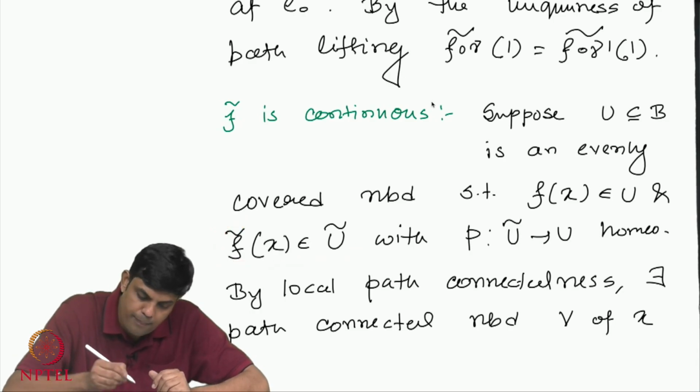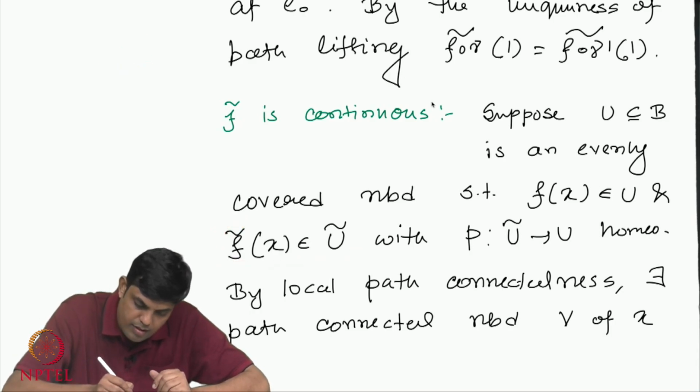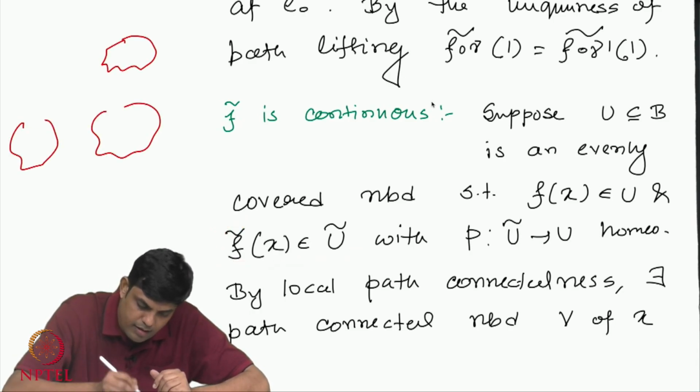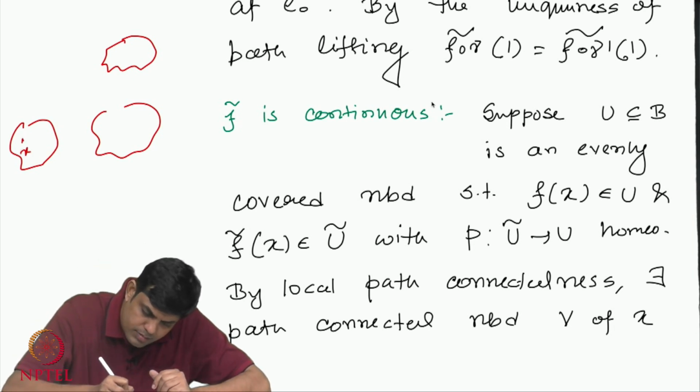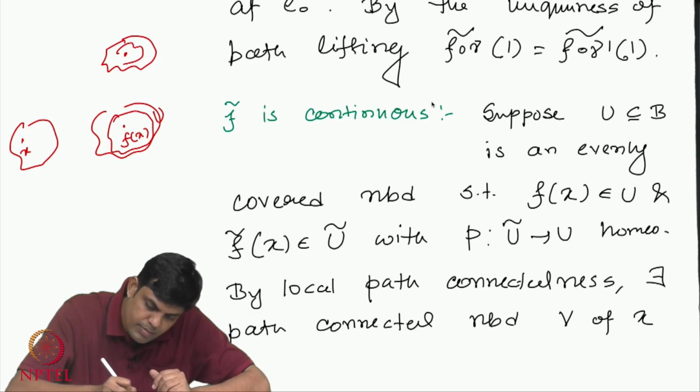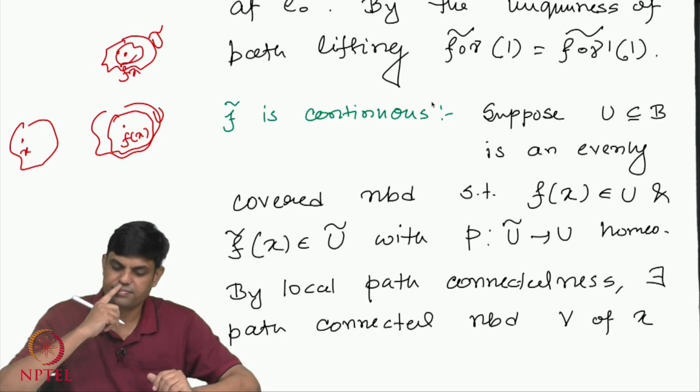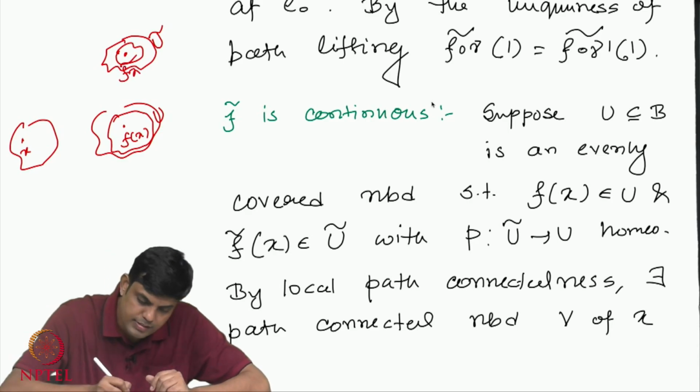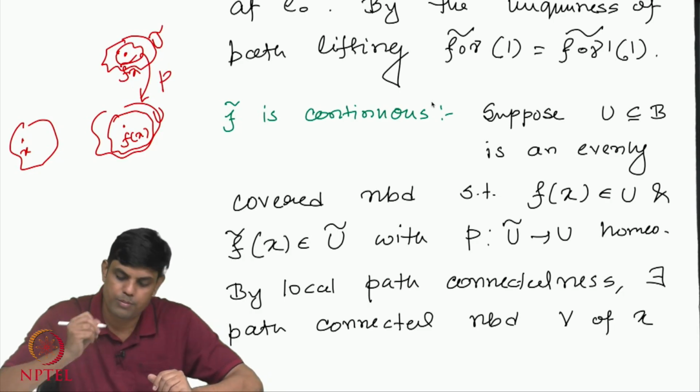I take a point x here, so I get f x here. I take an evenly covered neighborhood U here, and so there exists a neighborhood containing f tilde of x, and this is a local homeomorphism.